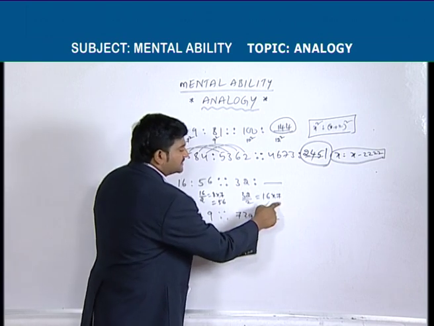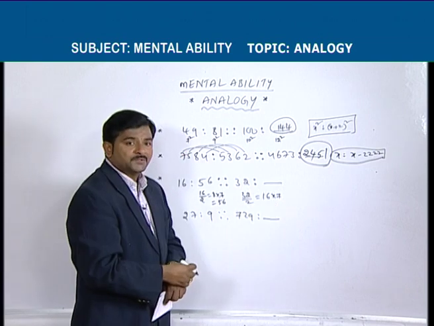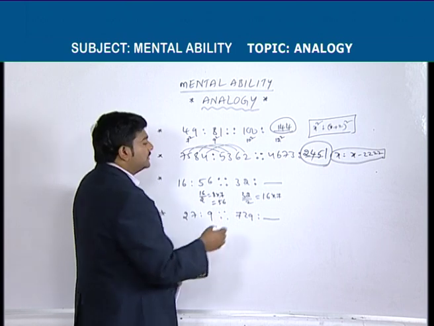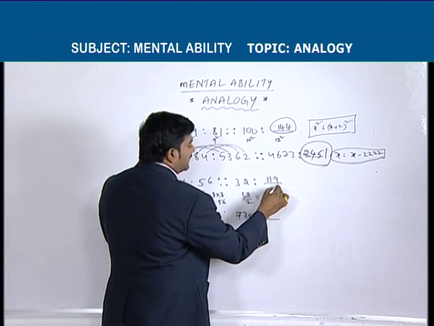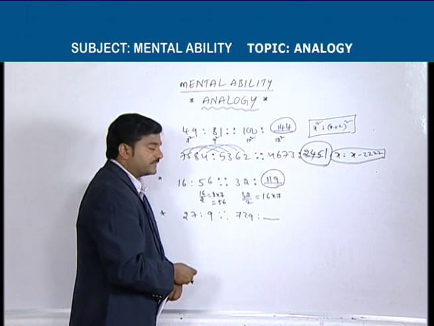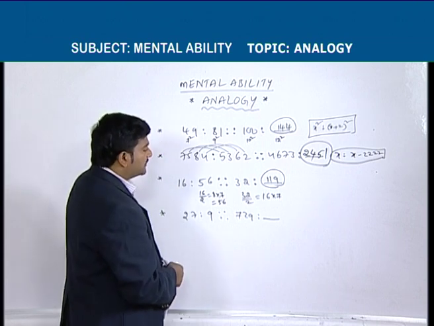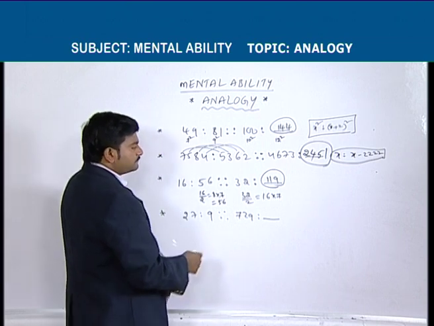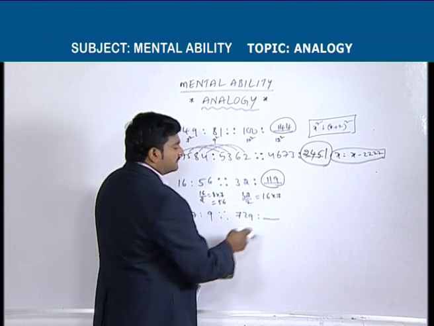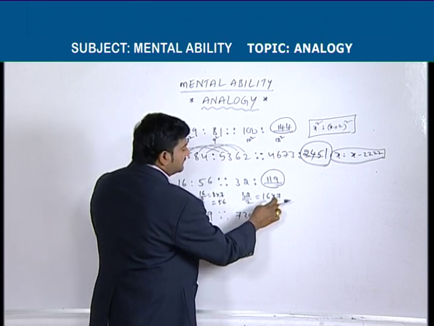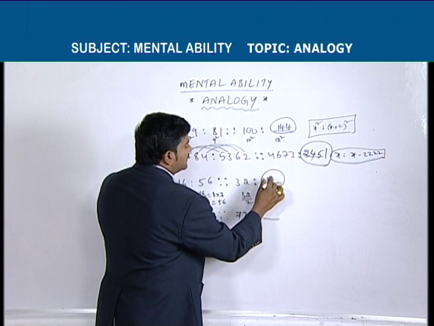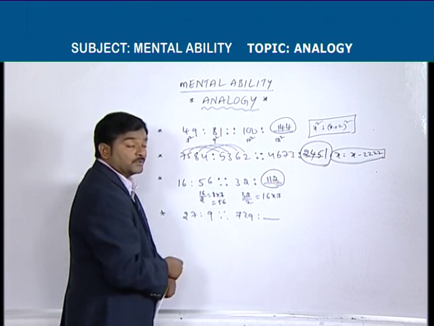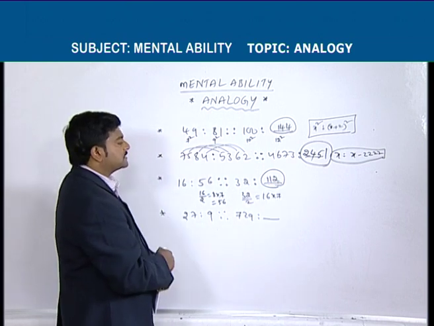Simply, 10 sevens are 70, 6 sevens are 42, 70 plus 42. Is it 119? No. Once again, 10 sevens are 70, 6 sevens are 42. That's why here I am getting 112 only, 112. That is the concept for that.